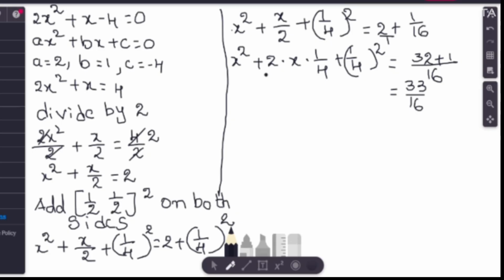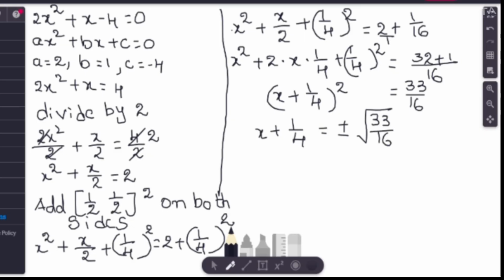Left side see one identity, a square plus 2ab plus b square. A plus b whole square is equals to 33 by 16. Now transpose square to that side. Then x plus 1 by 4 is equals to plus or minus under root 33 by 16.